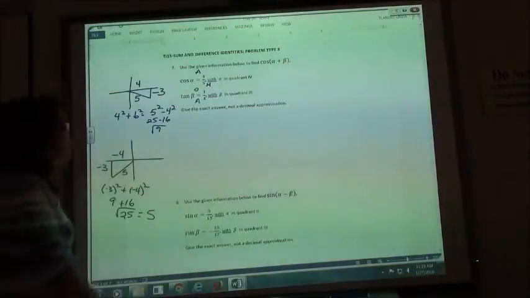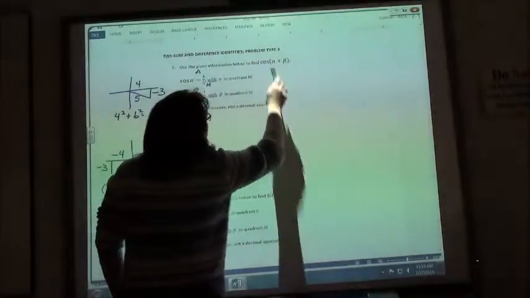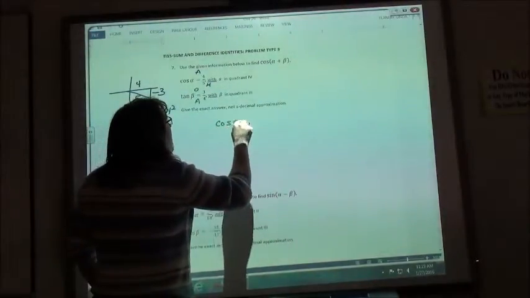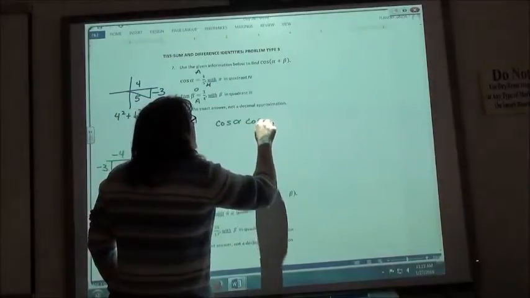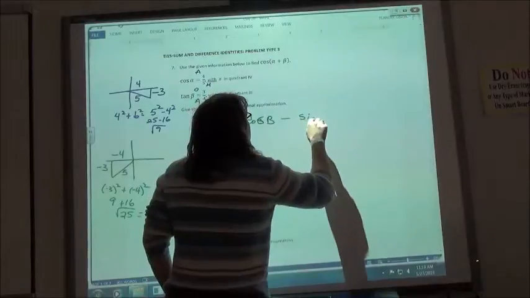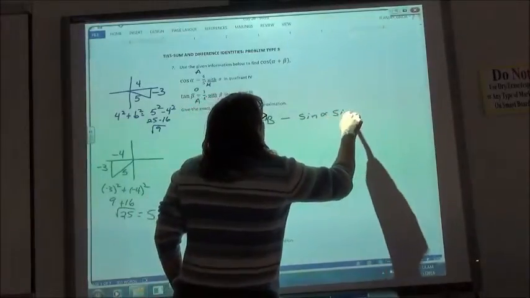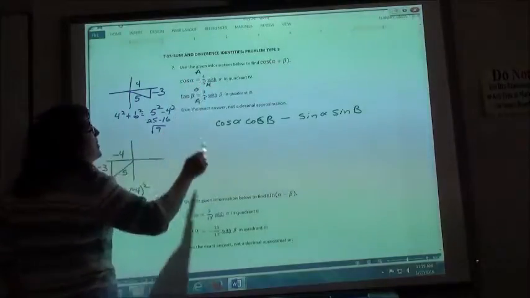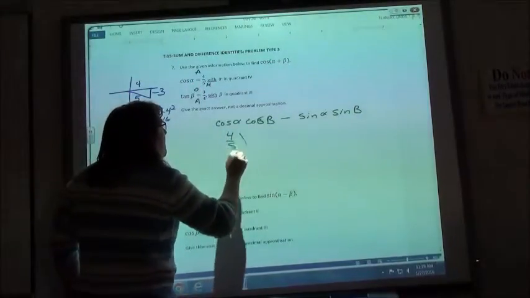So now, if we look back at our formula for cosine of alpha plus beta, I'm going to have the cosine of alpha, cosine of beta. That's a plus, so this will be minus sine of alpha, sine of beta. So cosine of alpha, that was easy. They already told us it was 4/5.